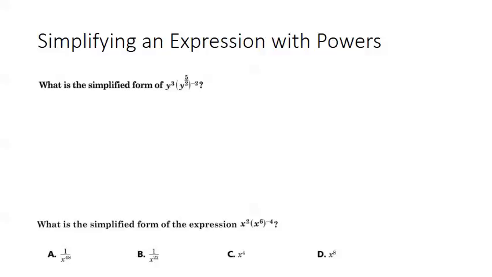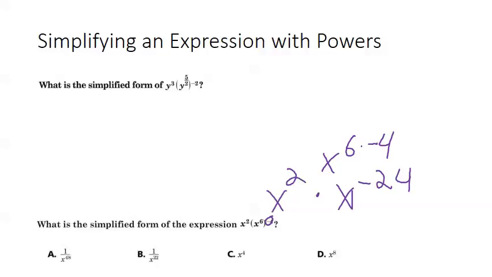Okay, so the first thing you're always going to do is deal with this guy right here. So you have x to the power of 6 times negative 4. That's not too difficult, right? Now, what's that? Well, it's x to the power of negative 24. And then you've got times x squared. Now, here's where they're trying to trick you. See this right here? You might get that 48, because 2 times 24 is 48.